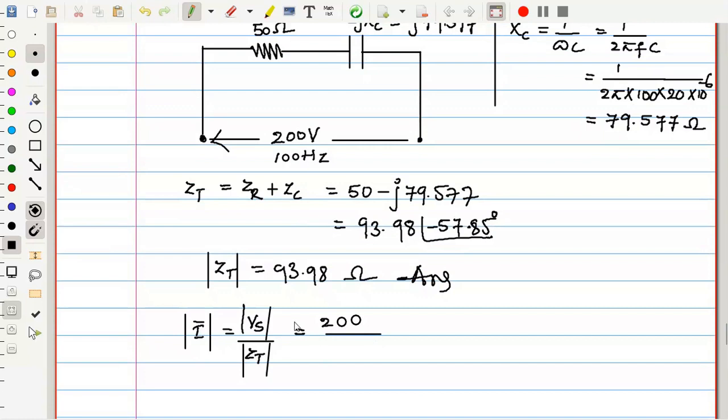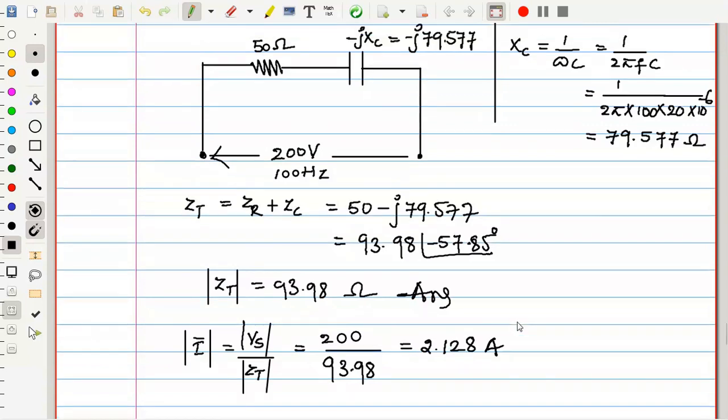Zt magnitude we just calculated, 93.98. So how much is this? 200 divided by this one is 2.128 amperes.